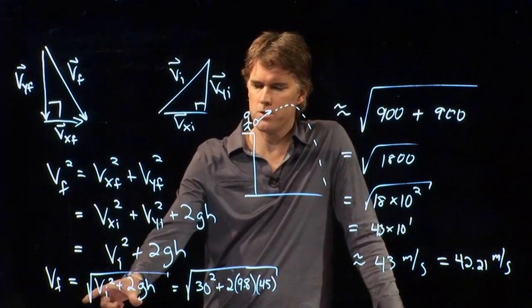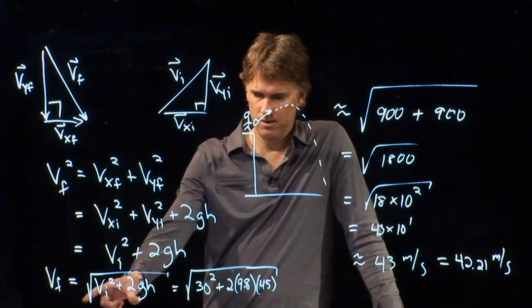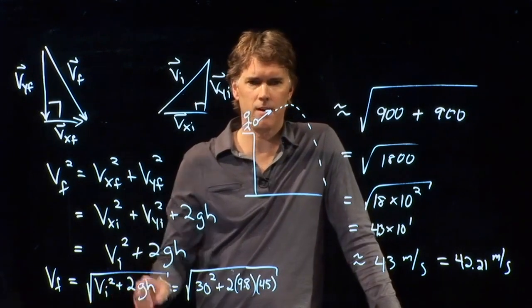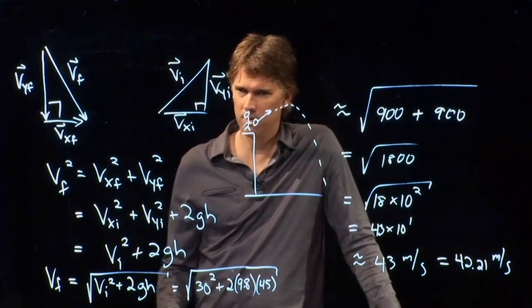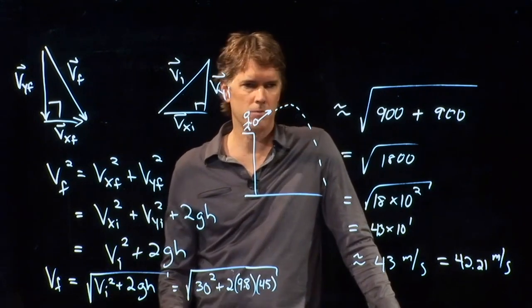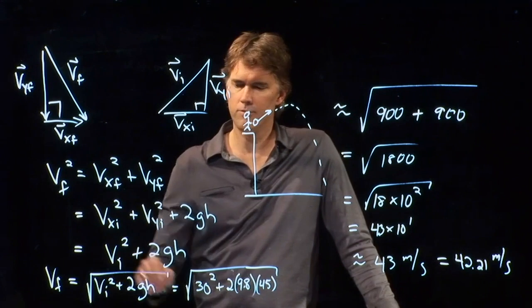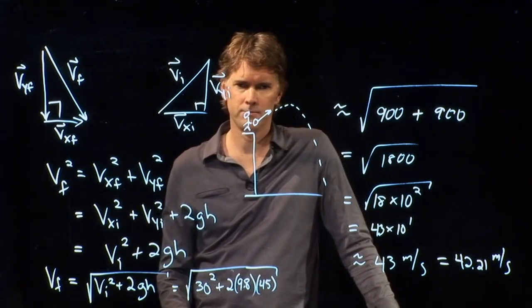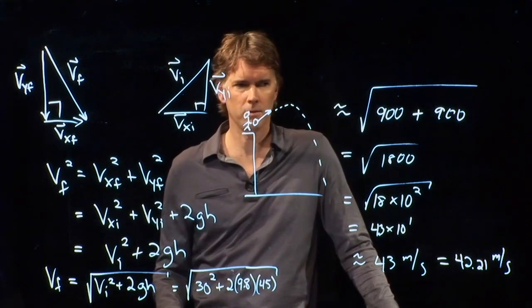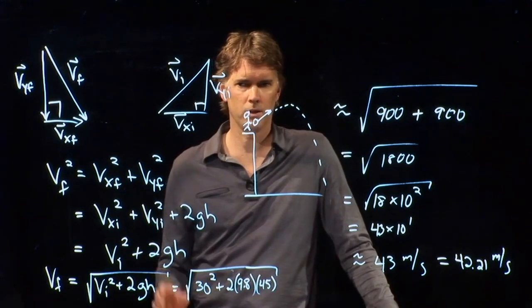We don't have any measure in there of theta. And we don't have any measure in there of how long it was in the air. So can that be right? Is it possible that this is all the information we need to calculate Vf? Don't you think we should have theta in there somewhere? What do you think?